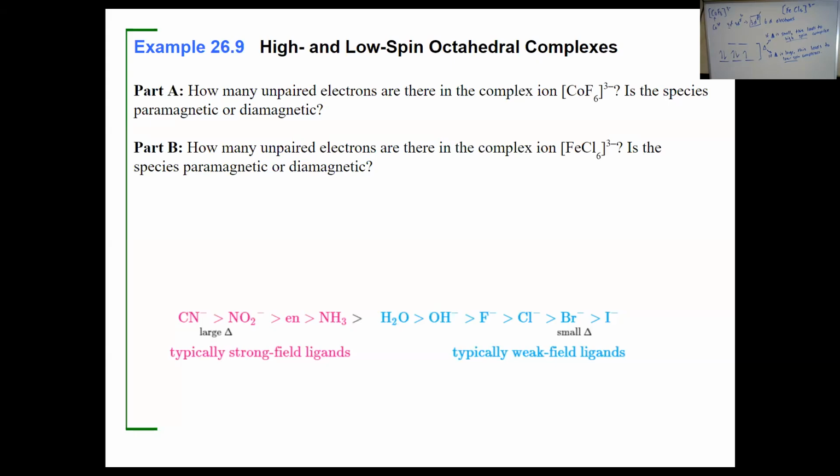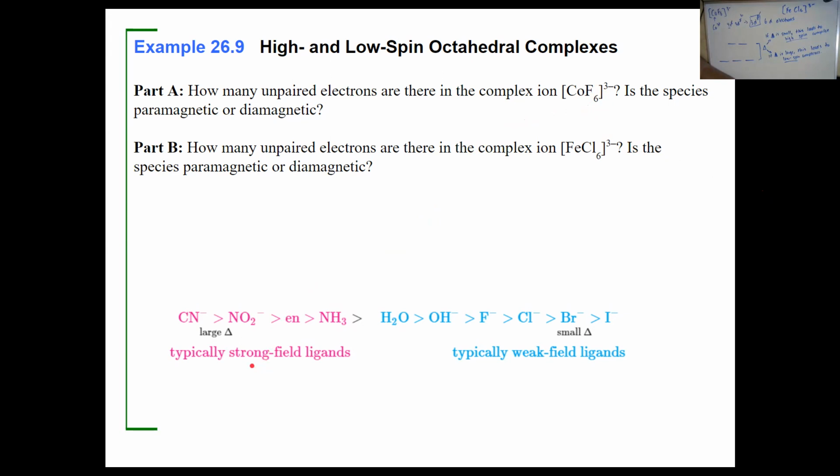It's in your textbook, and it's in your handouts that Professor Sheehan gave you. The type of ligand attached to your central metal, and remember, in the example we're doing now, the ligand is fluorine, depends whether you have a big delta value or a small delta value.